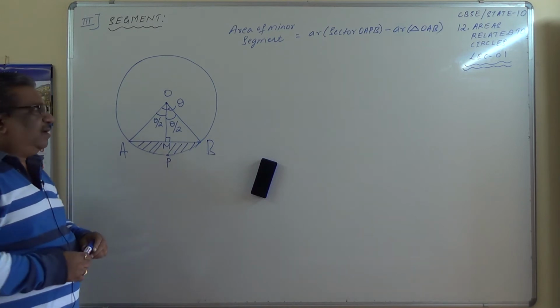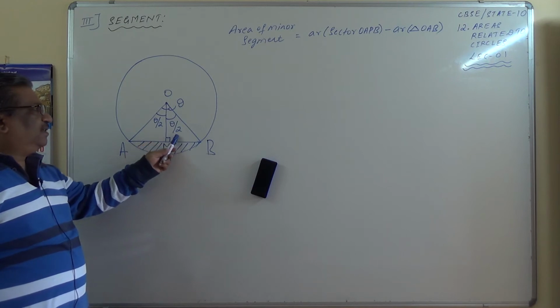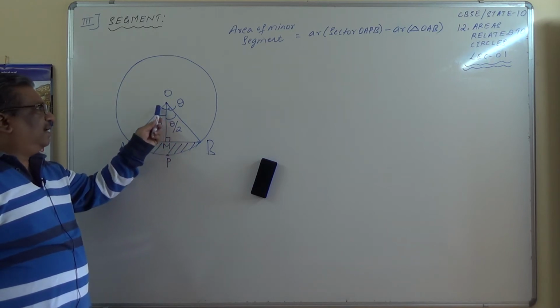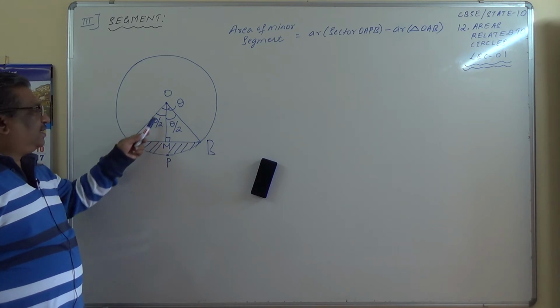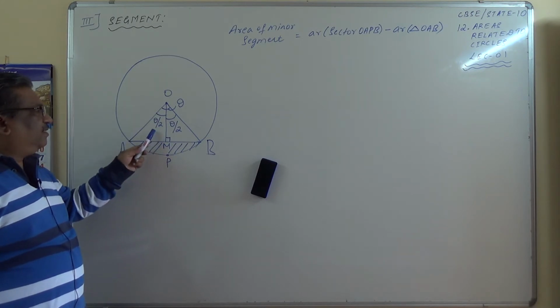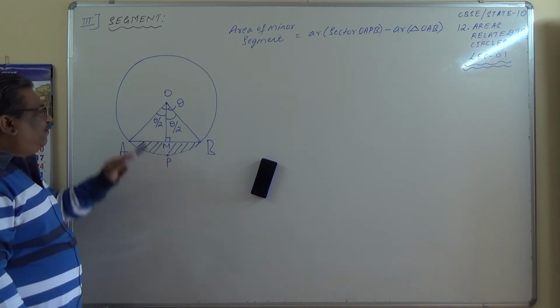I hope that you are able to understand. Why is this theta by 2 and this theta by 2? If the angle of the sector is theta, then the angle between the radius and the perpendicular through the center is theta by 2, because these two triangles are congruent. How is it so?